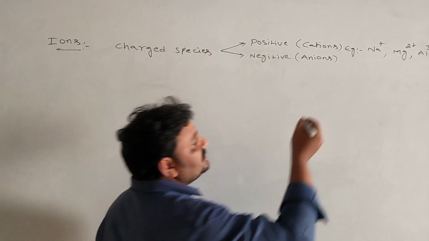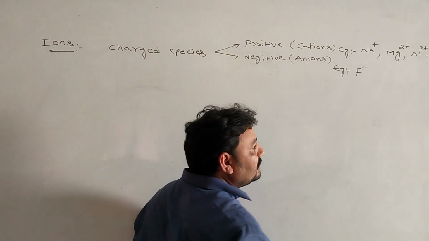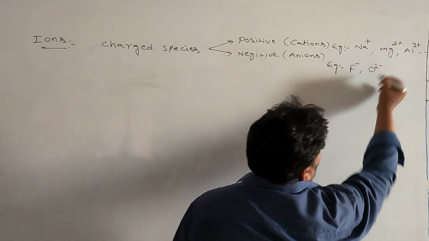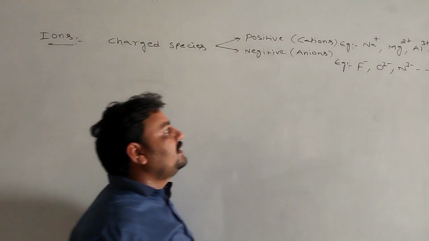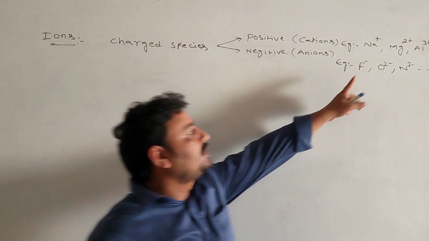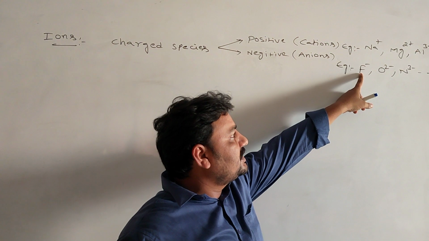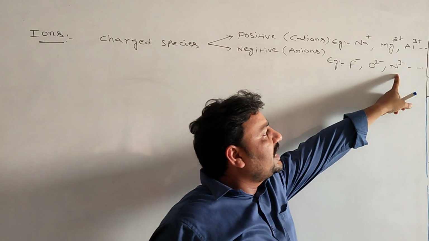I will give some examples for anions. F minus: fluorine, atomic number 9, gains 1 electron. O2 minus, N3 minus. These are all anions. Anions carry a negative charge. These are called monovalent anion, divalent anion, and trivalent anion.